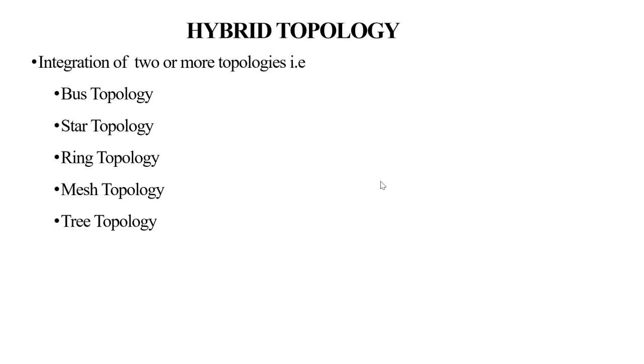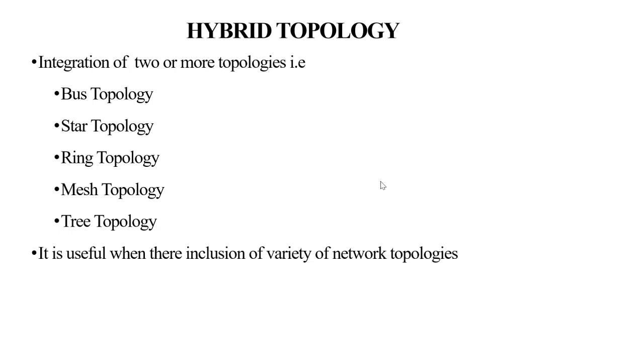Means hybrid topology is a topology where we integrate features of two or more topologies, and this hybrid topology is basically useful when you have to include a variety of network topologies, that is, a combination of two or more network topologies like bus, star, ring, mesh and tree topology.